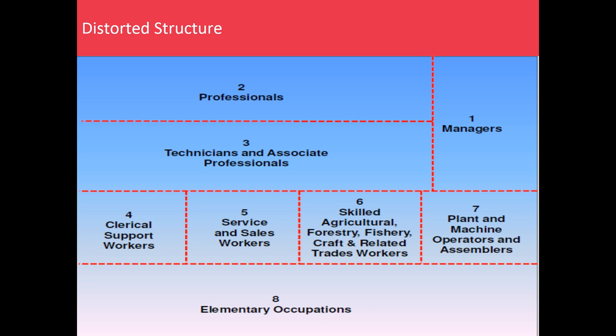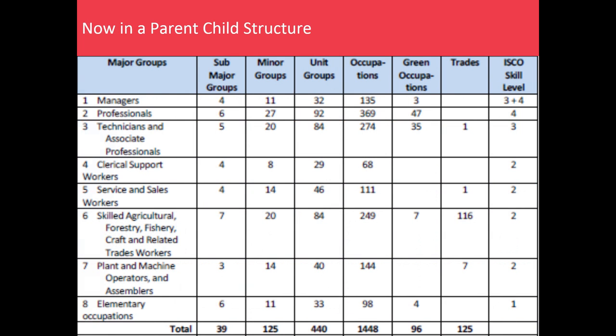What we've done in P6, because this becomes a bit complicated, particularly when you're rolling up all your hours to a single line of entry, is put them one on top of the other, with sub-majors, minors, and unit groups underneath that. So you've got your managers, professionals, technicians, then clerical, service, skilled, operators, and then your elementaries.